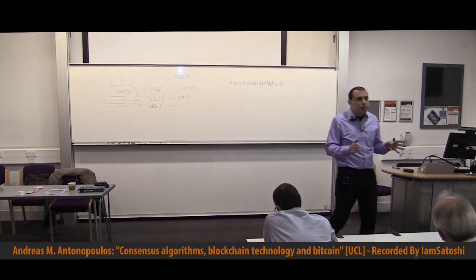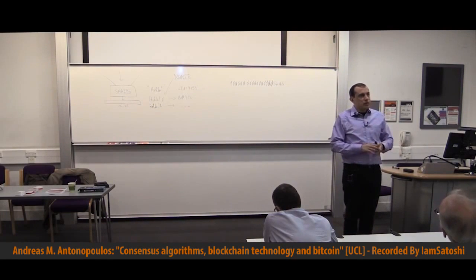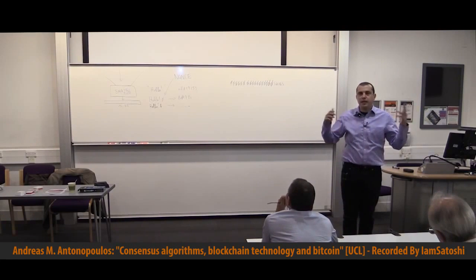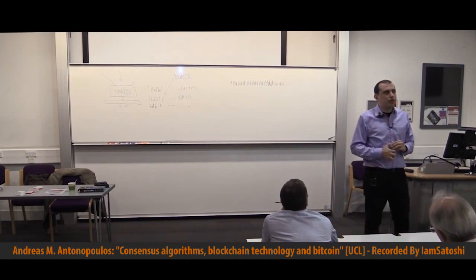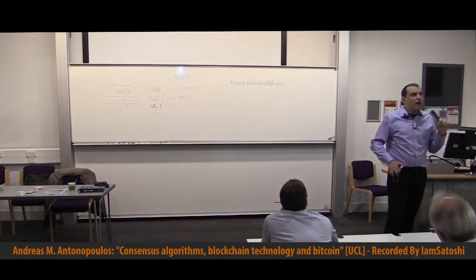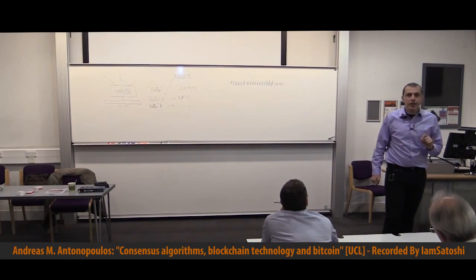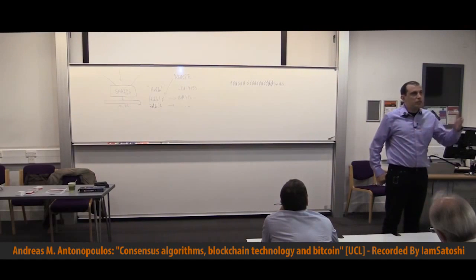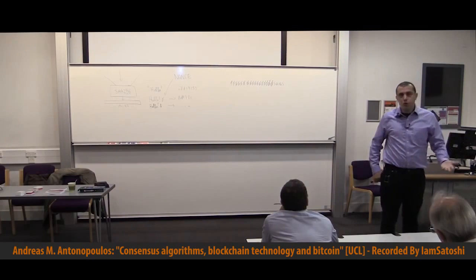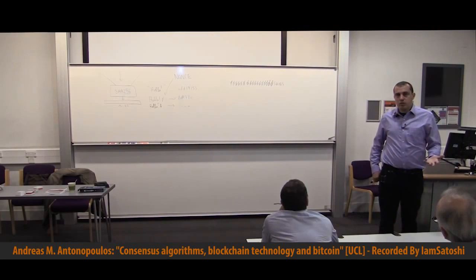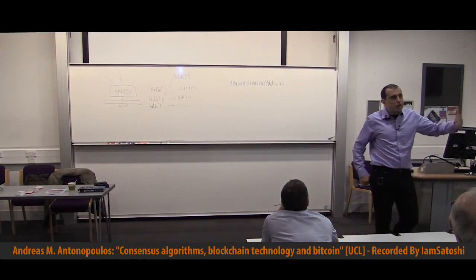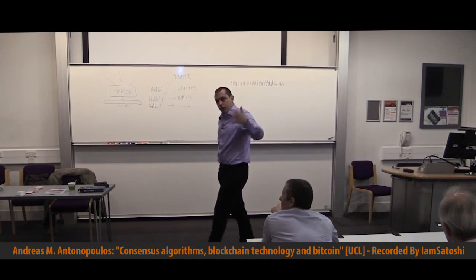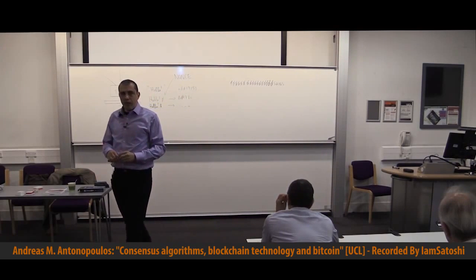So every 10 minutes, a miner has to take a whole bunch of transactions, maybe 1,000 transactions that are currently outstanding, unconfirmed, ready to be included in the blockchain. They have to then perform consensus rule validation, meaning they have to look at each one of these transactions and say, does it meet the rules? The rules are the same for everyone. There's a list of maybe 30 or 40 rules that every transaction has to comply with, and there's a list of 30 or 40 rules that every block has to comply with.